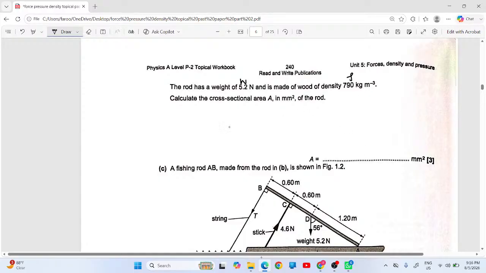हाँ, okay. जी कैसे find करें? How many things we have? Length, weight, density. So we have to use W equals M into G. So M equals W over G. Now W is the weight.